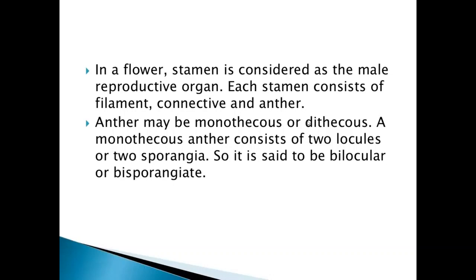A monothecous anther consists of two locules or two sporangia, where the septum divides it into two parts. With two locules or two sporangia, it is said to be bilocular or bisporangiate.